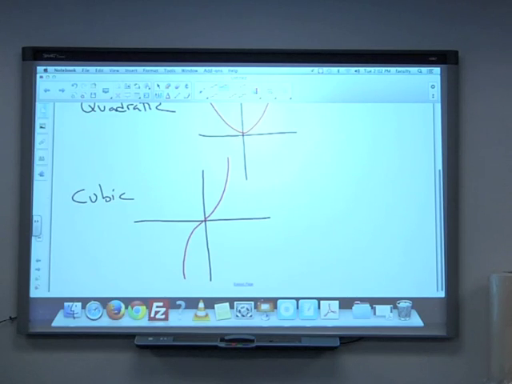You can figure it out, you just come up with a bunch of points and you would get that shape if you plot it.